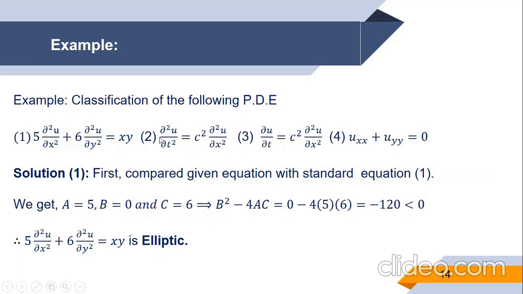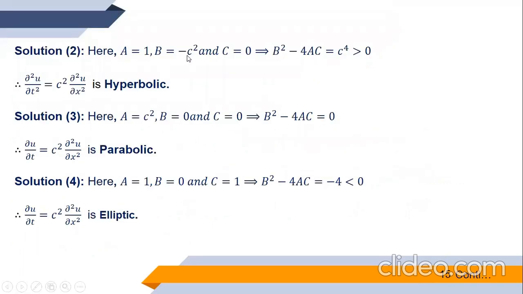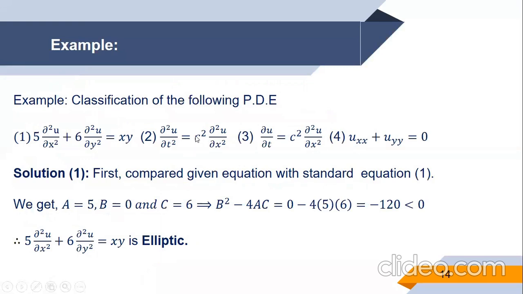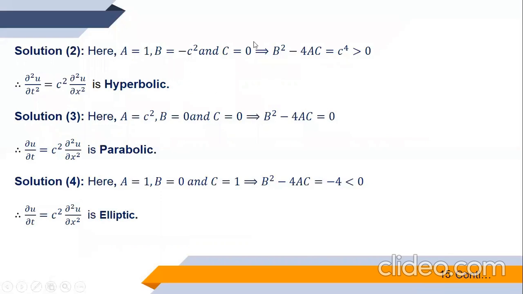So A is 1, the middle term B is equal to 0, and the last term C is equal to minus c square.